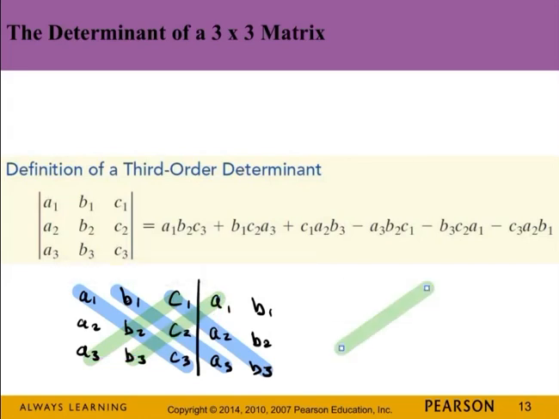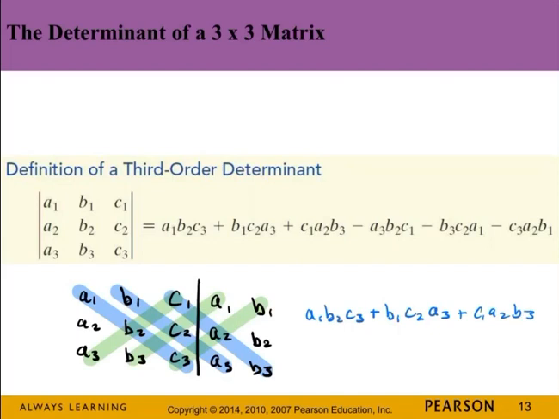All right. So these color patterns tell us what to multiply. To find that number, the first blue streak is A1, B2, C3, plus B1, C2, A3, plus C1, A2, B3.